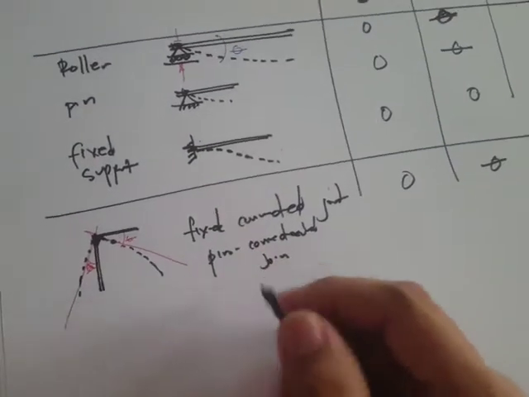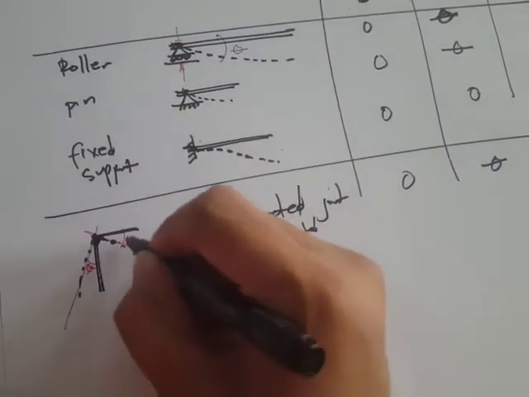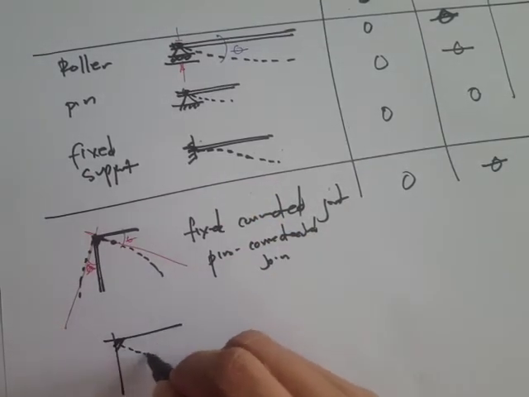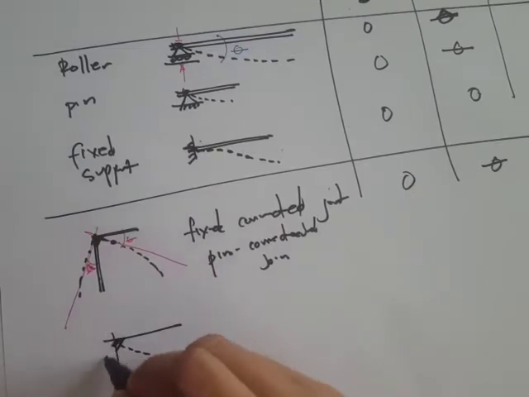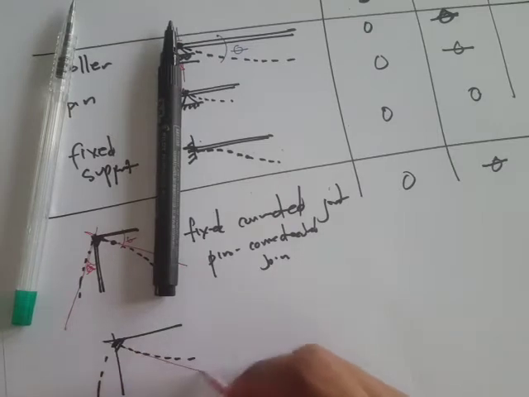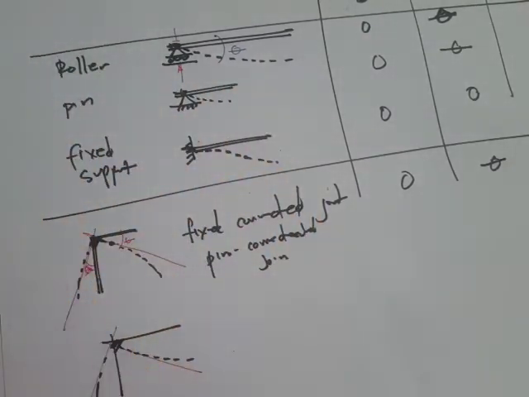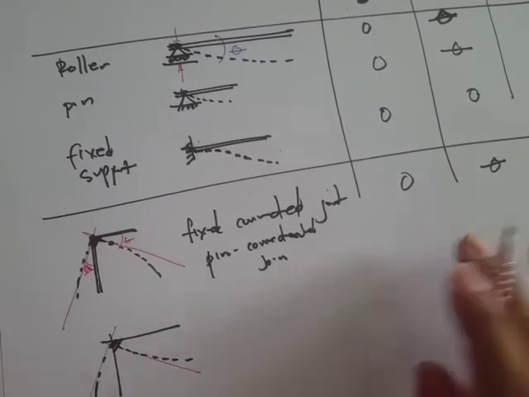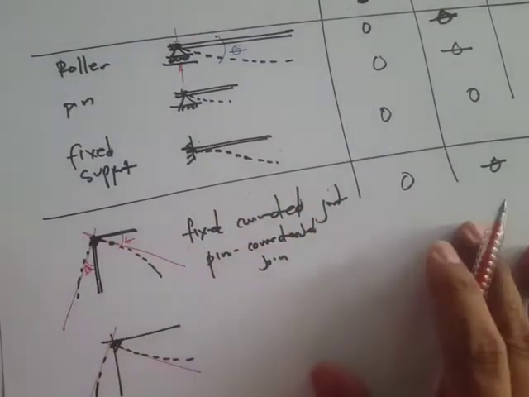Oh, sorry. For the pin connected joint, the deflection would be different. Okay, so anyways, you can refer to the strength of materials text or structural analysis textbooks regarding this.